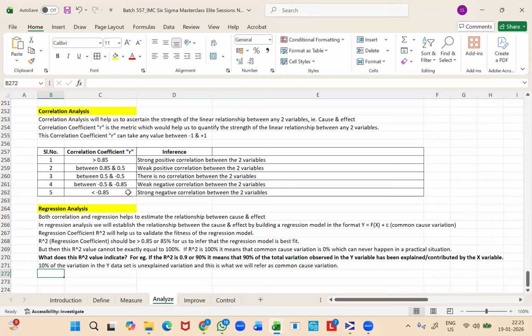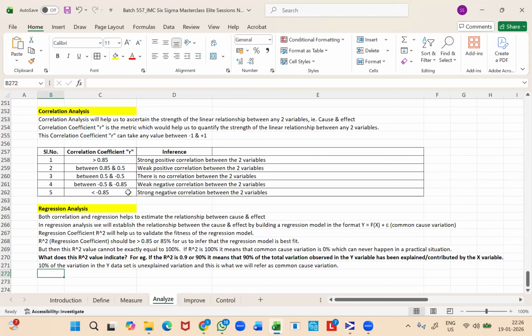But if nothing specific is mentioned about the confidence level, we need to consider the default confidence level to be 95%. So if it is a 95% confidence level, it means that we are 95% confident that the null hypothesis statement is valid and 5% chances are there that the null hypothesis statement is invalid and we will accept the alternate hypothesis.